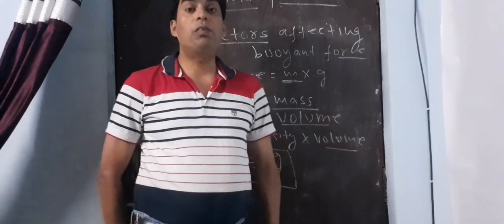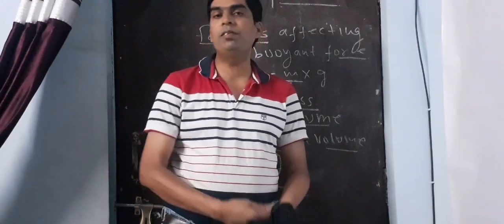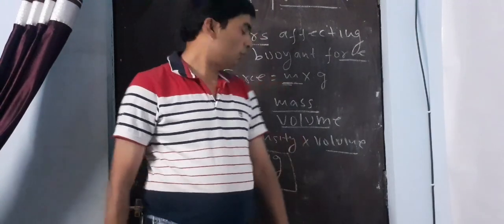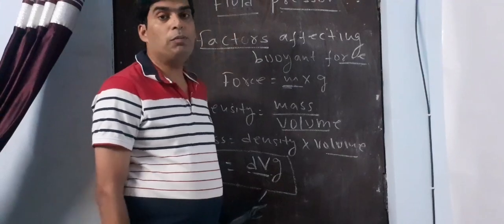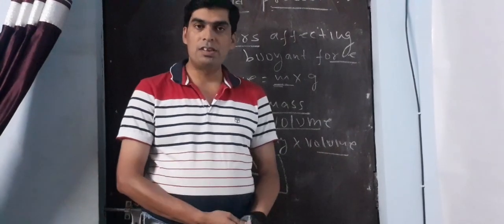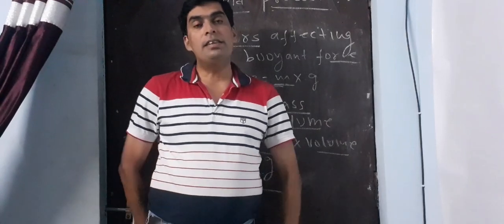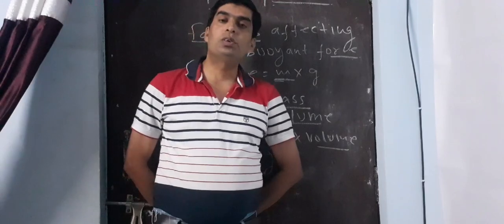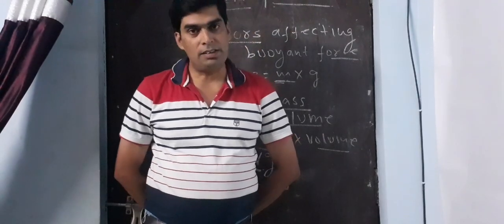Also, you can tell yourself why a dead body floats in water and a living body sinks. We can conclude that the density of a dead body is smaller than that of water, so a dead body floats. On the other hand, the density of a living body is much higher than the density of water, so a living body sinks.